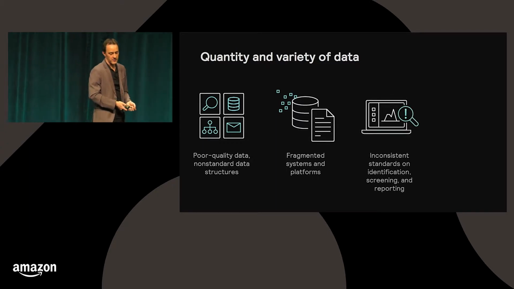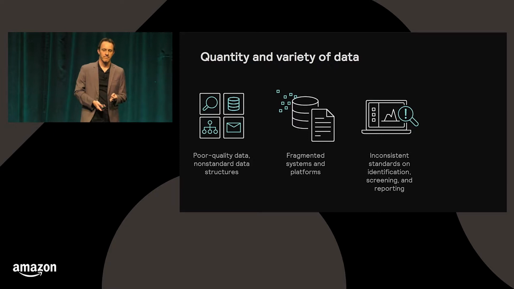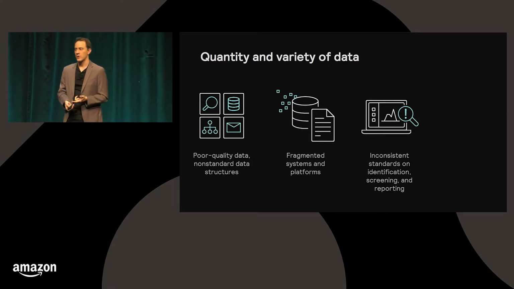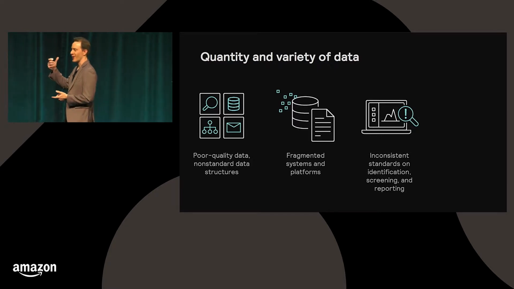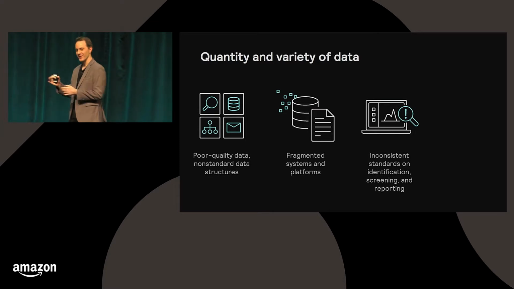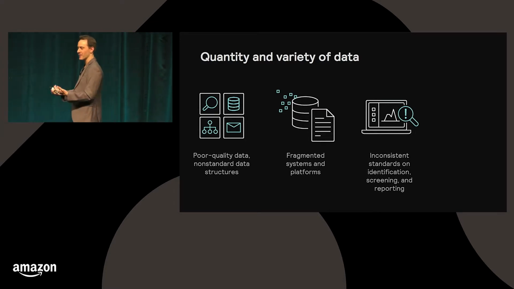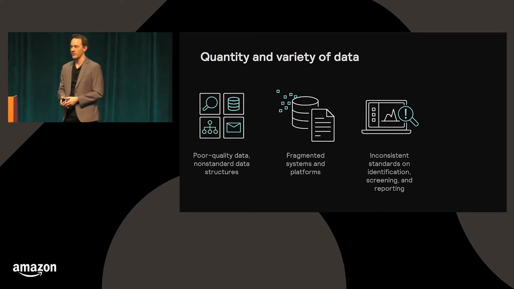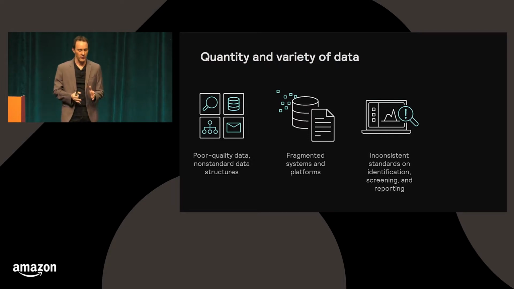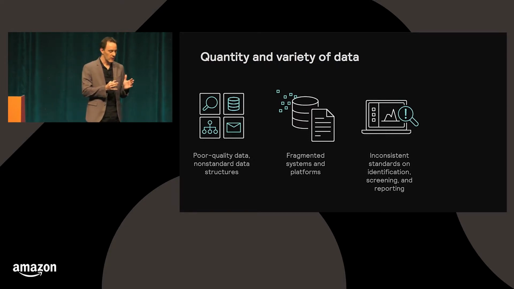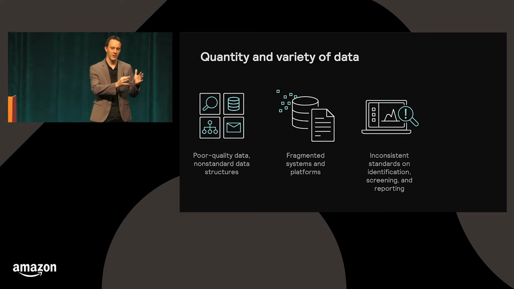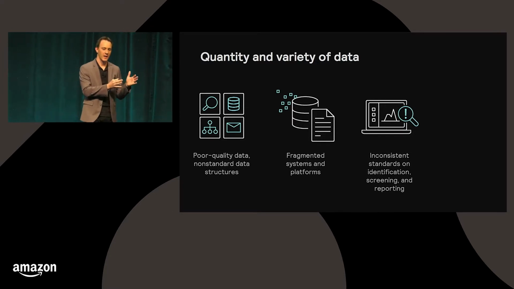There are inconsistencies on identification, on screening, and at the end of that process, the SAR, the suspicious activity reports, there are some inconsistencies there as well. So this is important because the story of a customer inside a financial institution starts on customer onboarding.